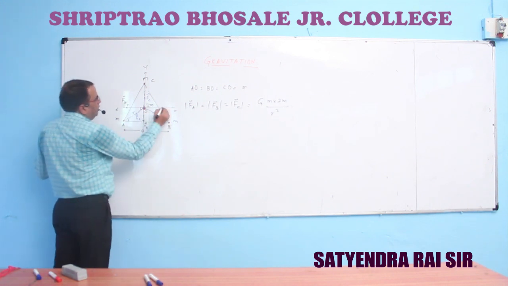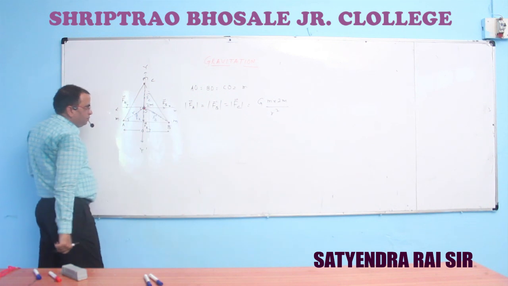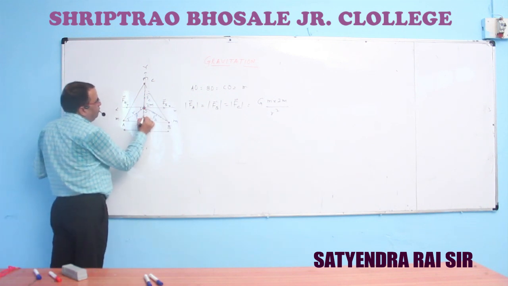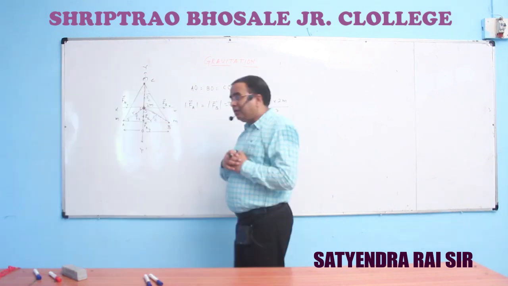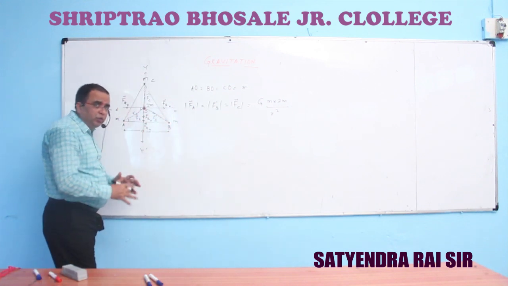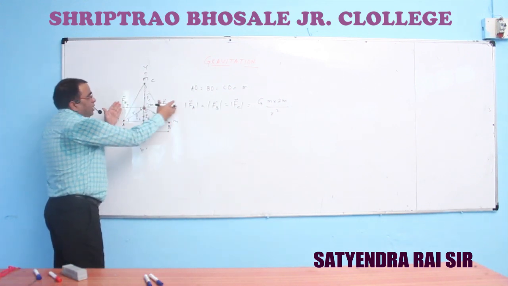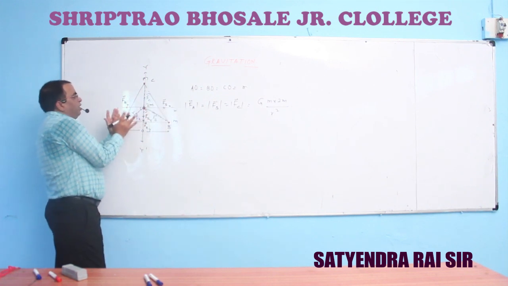Similarly, for FB we have FB along x-axis here, and FB along y-axis here. These are the forces, but since FA and FB are equal in magnitude, their x components are also equal in magnitude.